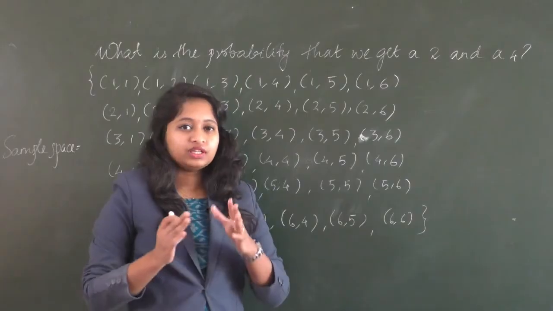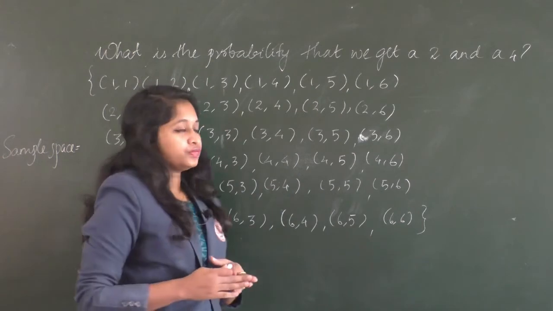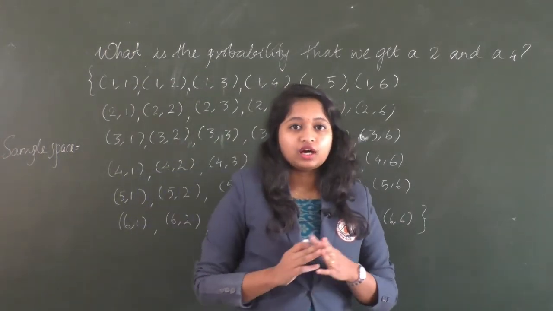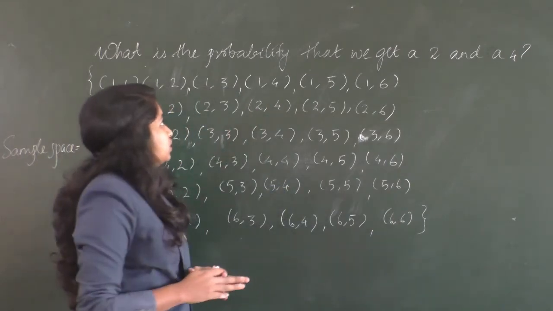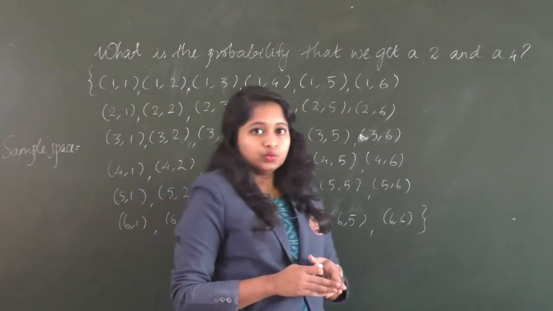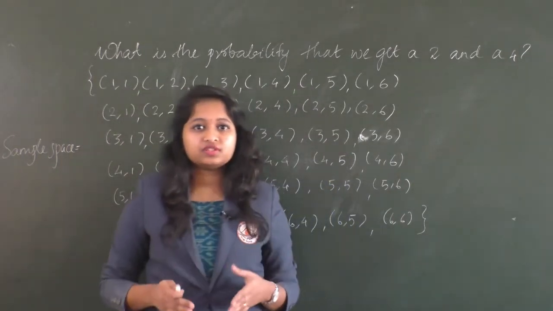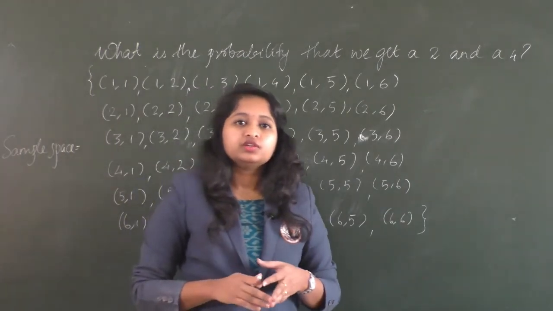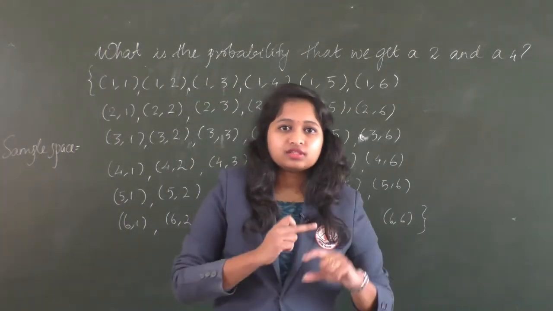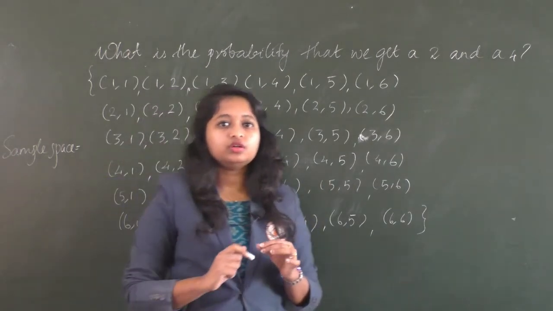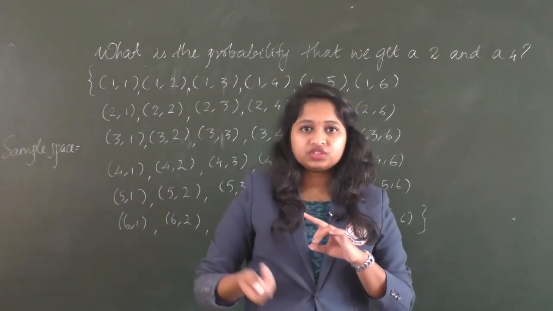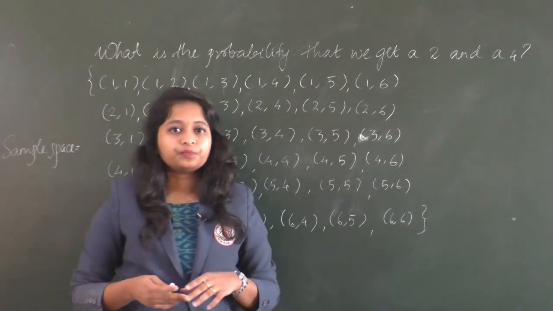Okay. Let's see one question. 2 fair dice are rolled simultaneously. So, what is the probability that we get a 2 and a 4? You all have seen dice, isn't it? A dice contains 6 sides, and on each side we can find 1 dot and on the others 2, 3 up to 6.